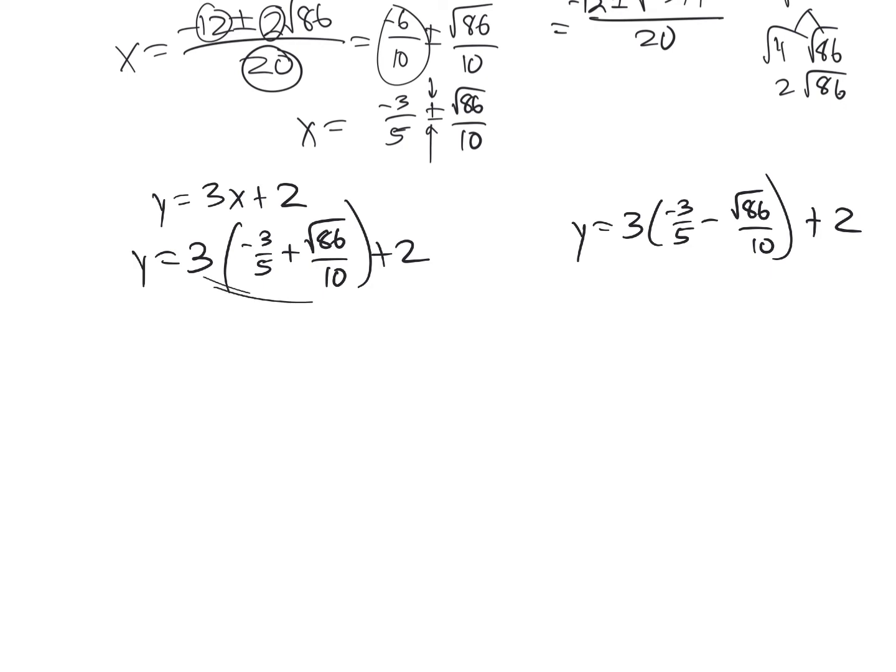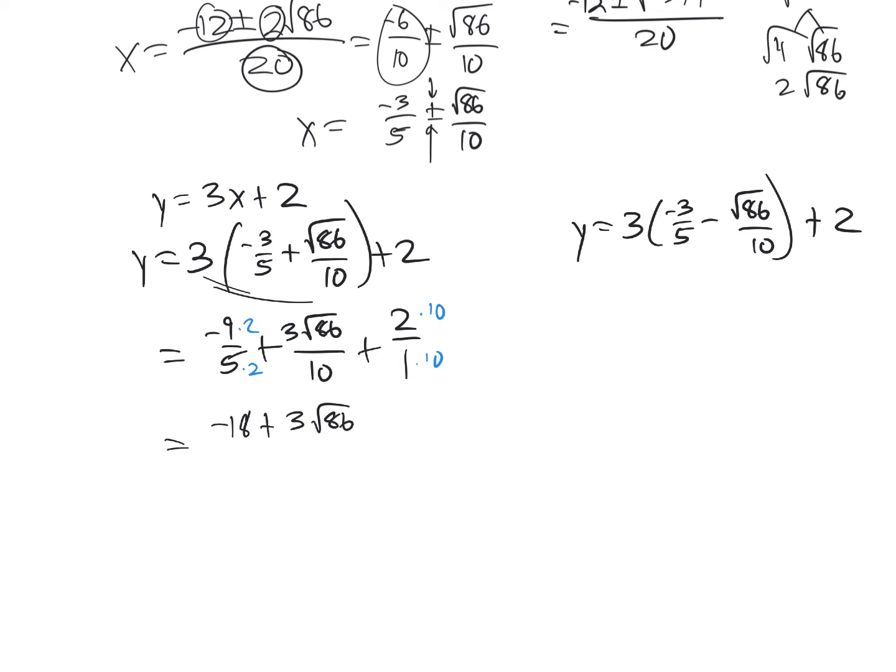All right, so if we distribute the 3, we get negative 9/5 plus 3 square roots of 86 over 10 plus 2 over 1. Common denominator is 10, so let's multiply by 2 there, by 10 here, so we can get all the same denominators. Okay, so what do we have? Negative 18 plus 3 square root of 86 plus 20 all over 10.